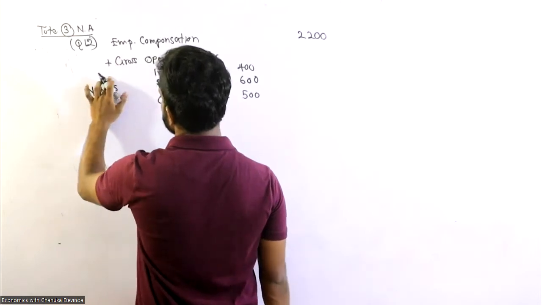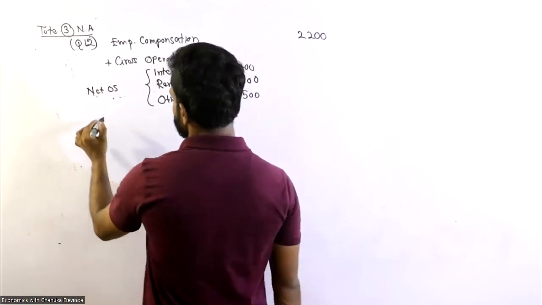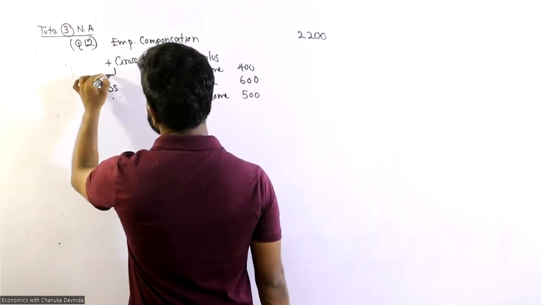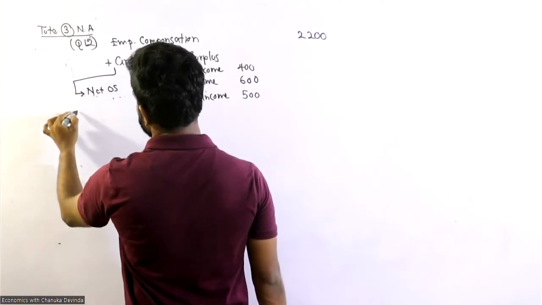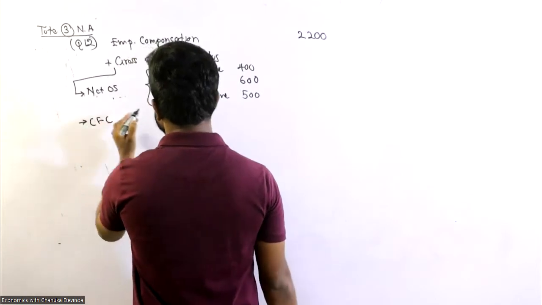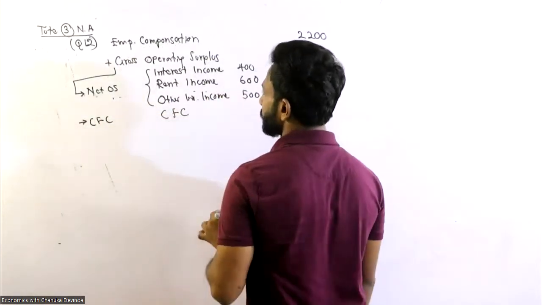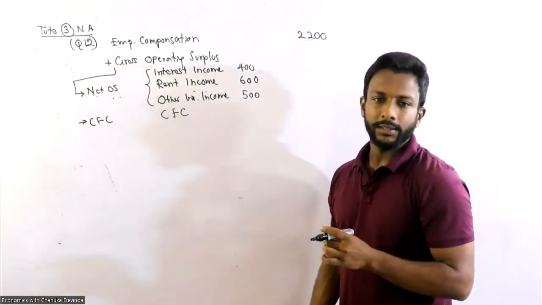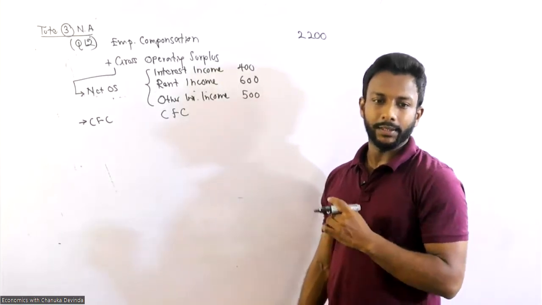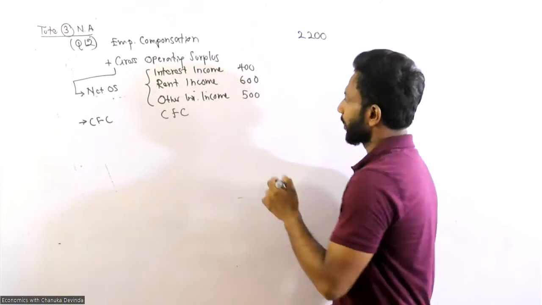Net operating surplus, and what else? Consumption of fixed capital, CFC. So here CFC is how much? Consumption of fixed capital, yes, it is 300.